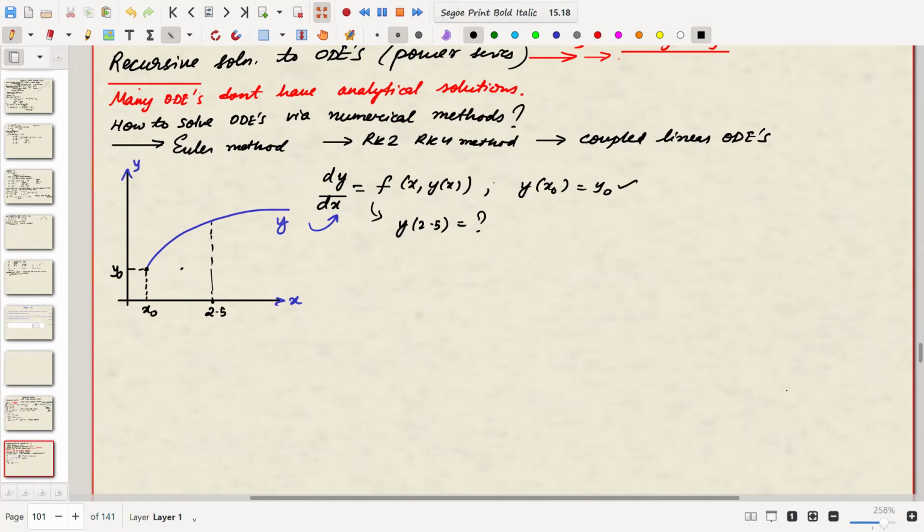As usual, what do we do in numerical methods? As usual, approximate. Numerical method is full of approximations. I never told you in any numerical method class that this is the answer. This is a solution, but it comes with some error. The error can be 0.01, 0.03, 10 to the minus 4, 10 to the minus 5, but error will always be there.